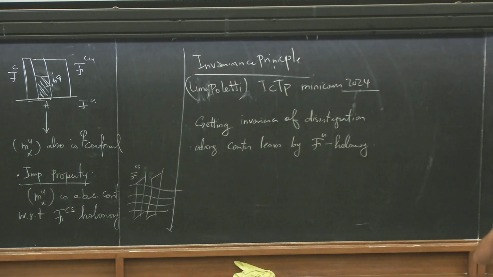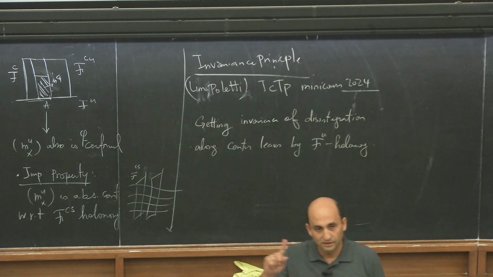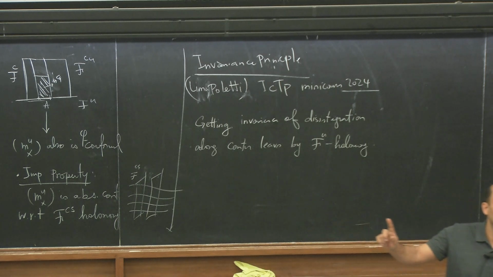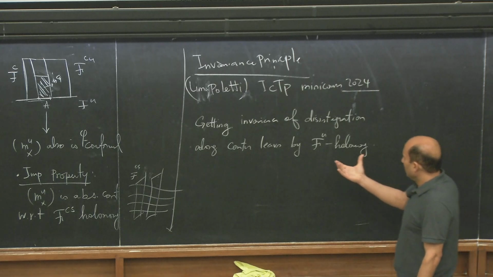If you remember the skew product case, you want to say that the disintegration along the fibers of the skew product is constant on the future or in the past, as was announced by Aaron, in the abstract model.